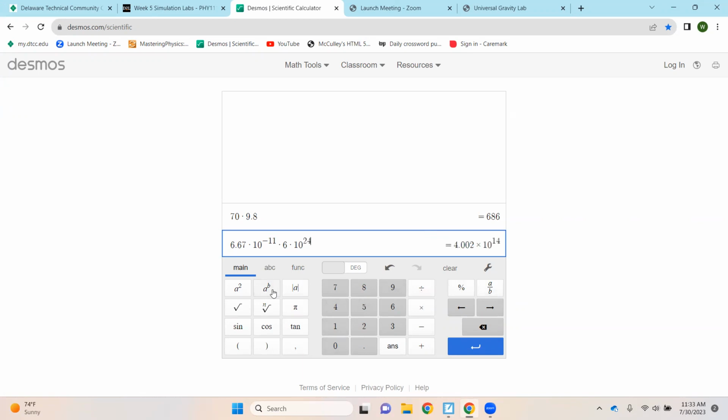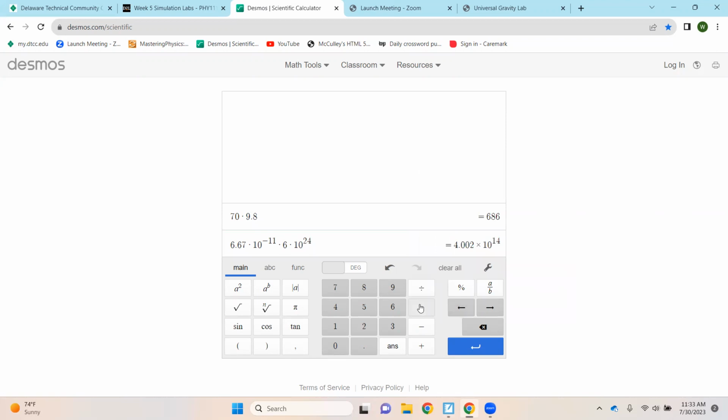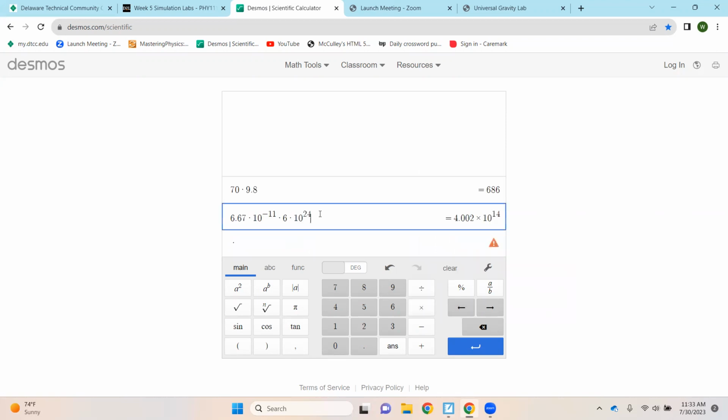Then we're going to multiply that by 70 because that was the mass of the student. All right, and that's the numerator.